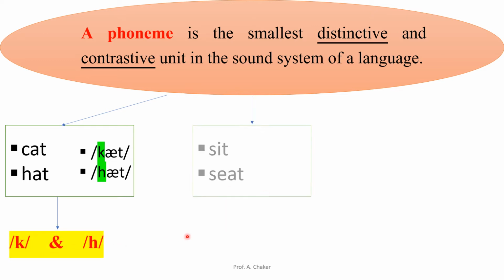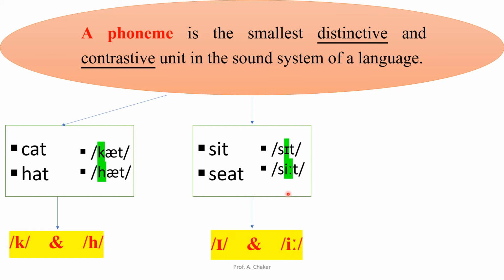Next example. Look at this pair of words. Sit, seat. What makes the difference between the two words? It's the vowel sounds, the short I and the long E. So I and E are phonemes.